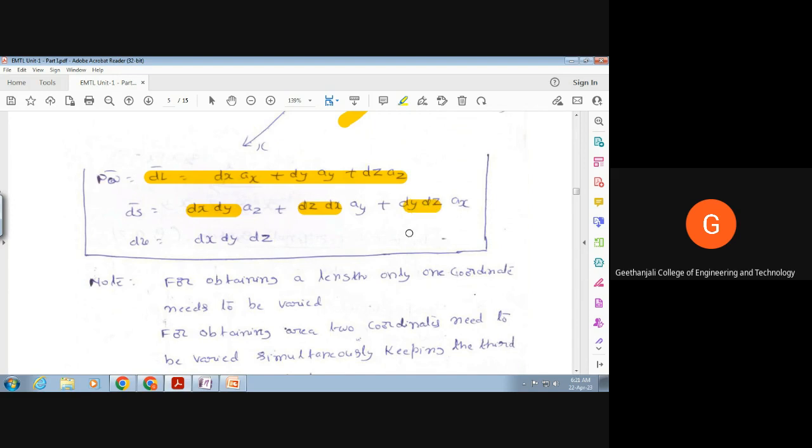So we necessarily need to vary two coordinates, keeping the third one constant, for obtaining area. And of course, for obtaining volume, all three have to be varied. And this is applicable for every coordinate system. Say you're dealing with a spherical surface of an area of 4 pi r square. The immediate point that should come to your mind is that we are defining an area, so naturally we need to vary two coordinates simultaneously, keeping the third one constant.